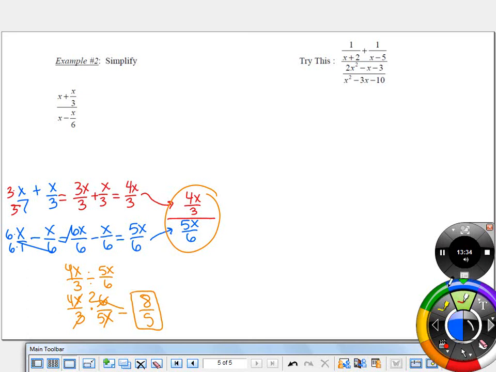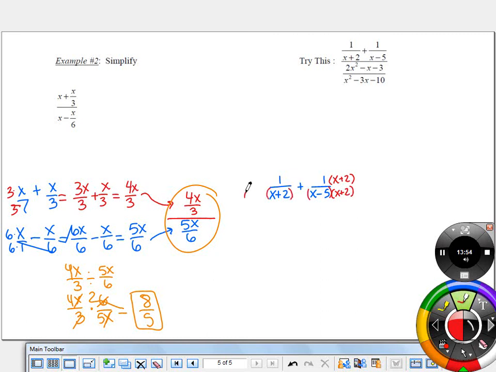So here in the try this, you have 1 over x plus 2 plus 1 over x minus 5. So in order to create a common denominator, this second fraction needs a factor of x plus 2 multiplied in both the numerator and denominator.